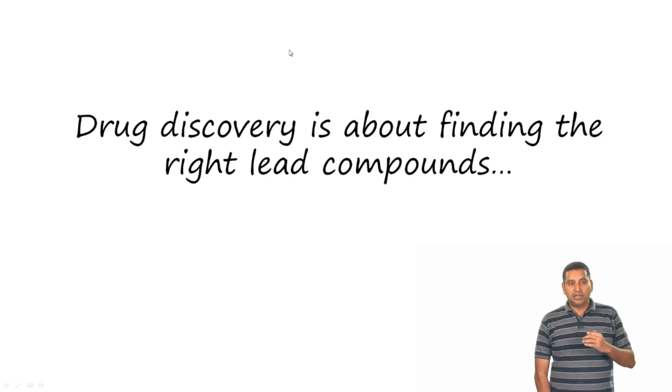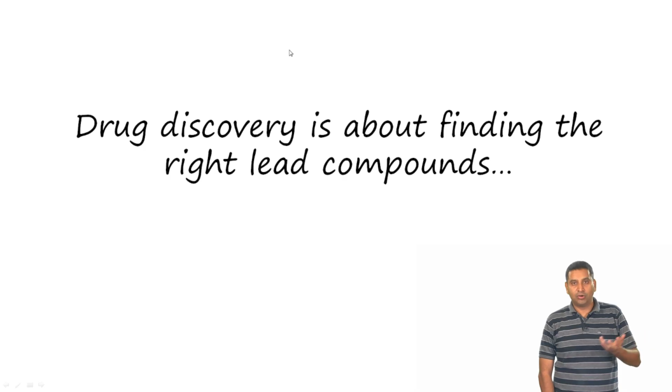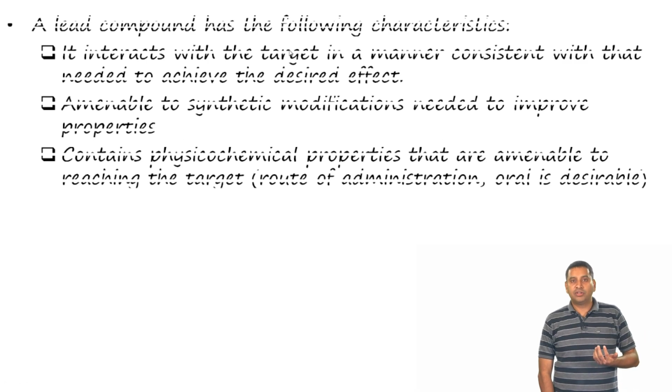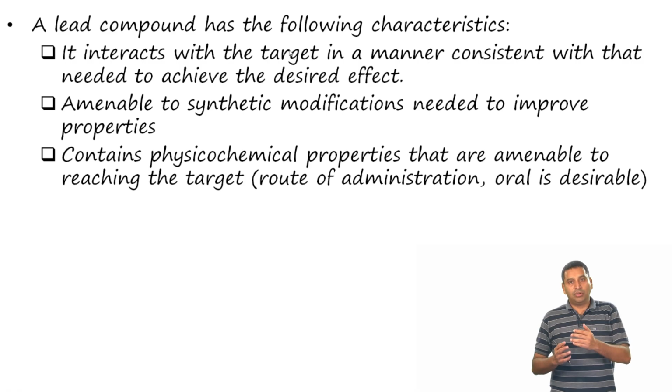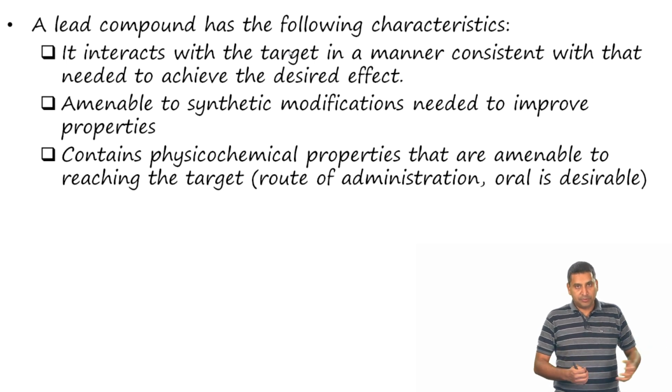So, drug discovery in a nutshell is about finding the right lead compounds. So, the question is, how does one find a lead compound and what are the characteristics that we need to look for? In the case of a lead compound, you look for the following characteristic: it interacts with the target in a manner which achieves the desired effect.